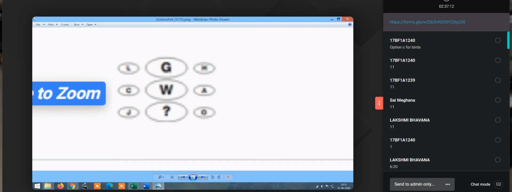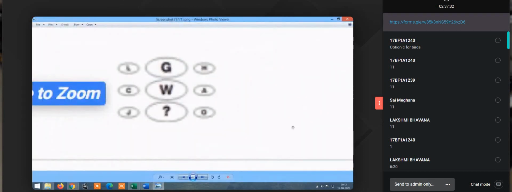Did anyone get the answer? See, option C for birds. Okay, fine, great. This one people say B, 26, 27. Next should be 28. Oh, see, that takes some understanding. Yes, you add everything.